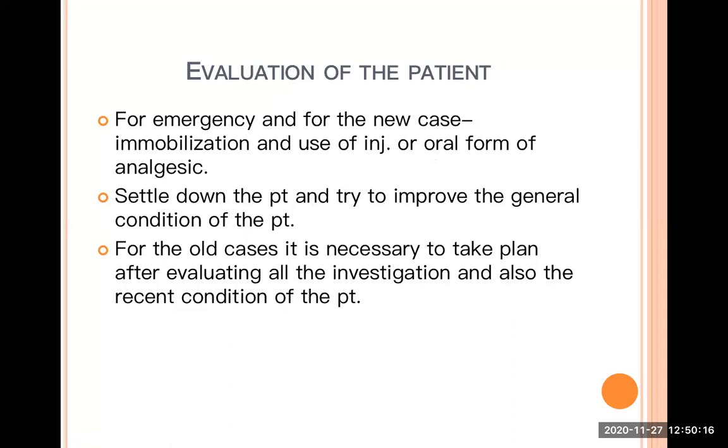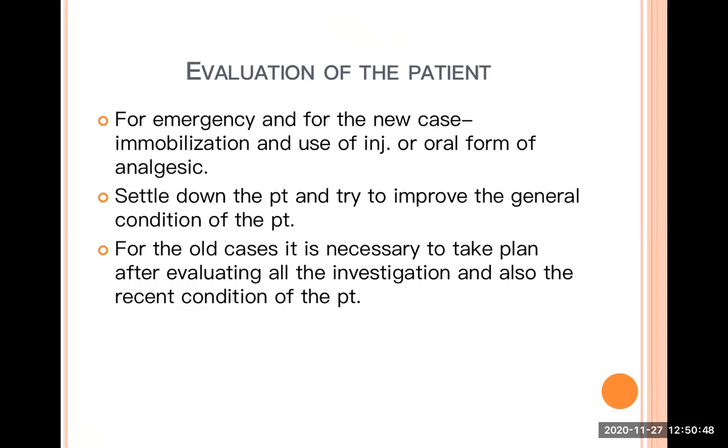Settle down the patient and try to improve the general condition of the patient, definitely. For the old cases, it is necessary to make a plan after evaluating all the investigations and also the recent condition of the patient. Now, what does that mean? Sometimes the patients are quite old, around 80 or 85 years old. And remember, for old age, if surgery can be done, the best modality of treatment is surgery. And what type of surgery? You replace the joint.